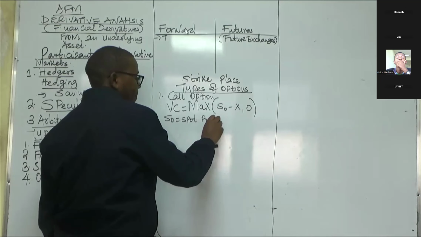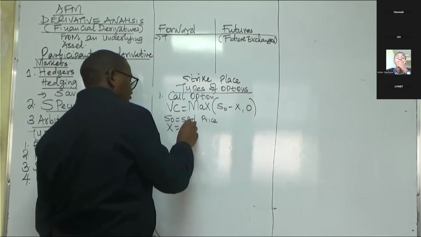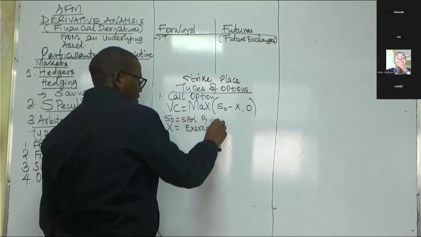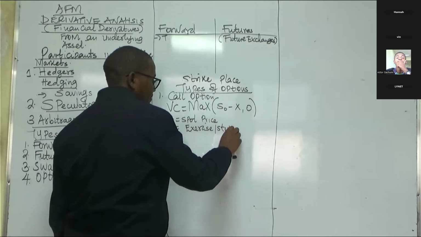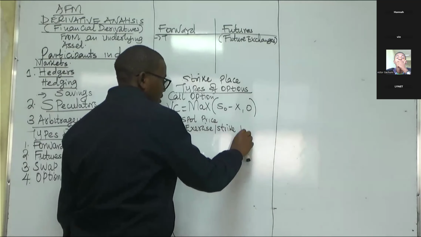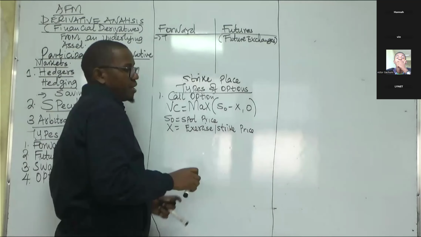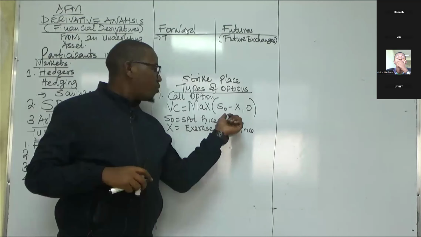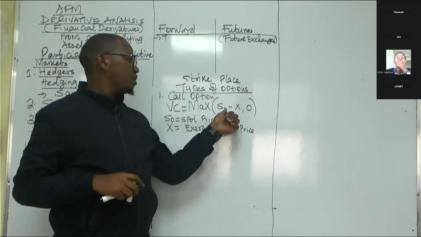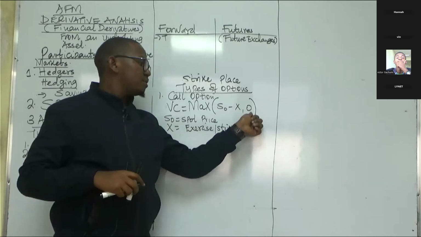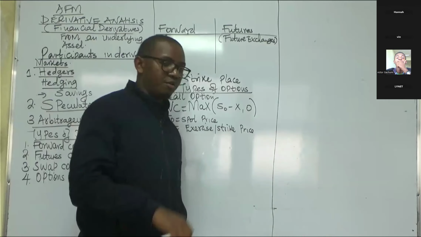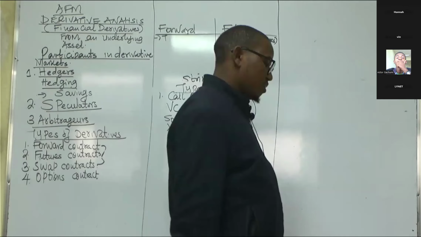When I talk of maximum, I mean the larger of this minus this and 0. That will be the value of a call.